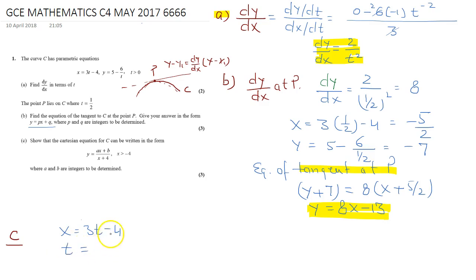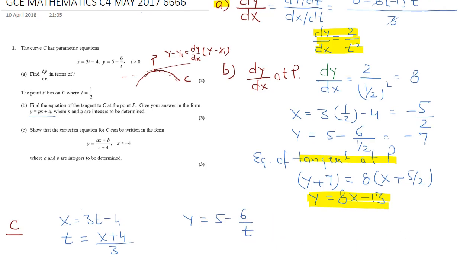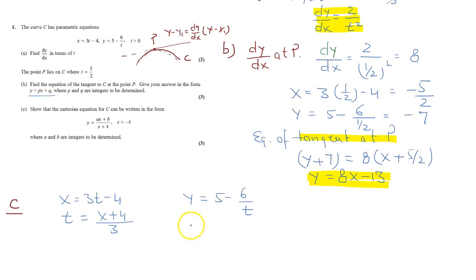So t will be x plus 4 over 3, and y is equal to 5 minus 6 over t. So y is equal to 5 minus 6 over x plus 4 over 3.